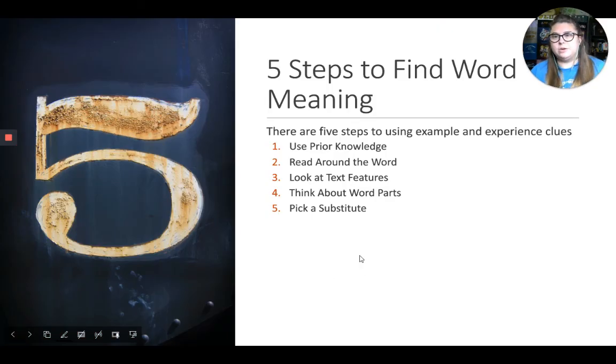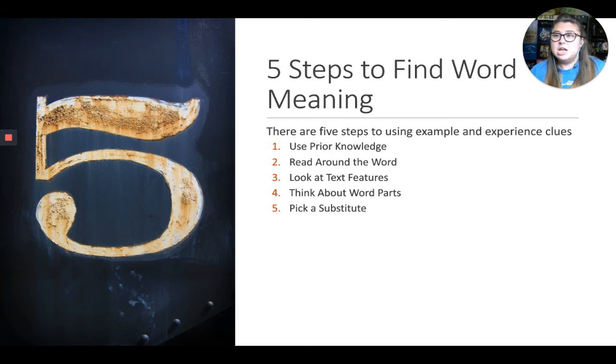These are the 5 steps that I want you to be practicing as you are reading. I'm going to challenge you to start incorporating these into your reading practices because it's really important to be able to figure out what words mean as you're reading. I know that there are always easy ways to find out word meaning, right?